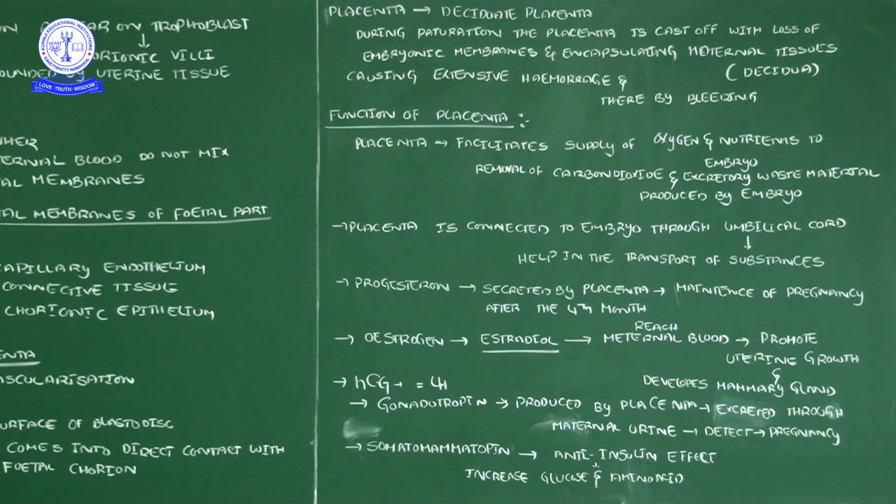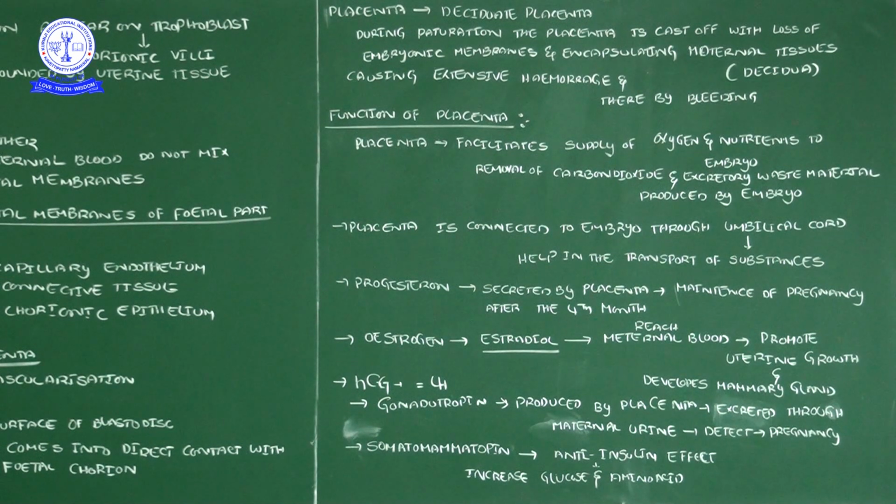Because during the gestation period the uterus has to extend to facilitate the growth of the baby. So that is controlled by estrogen, which is secreted by the placenta, reaches the maternal blood, and promotes uterine growth.